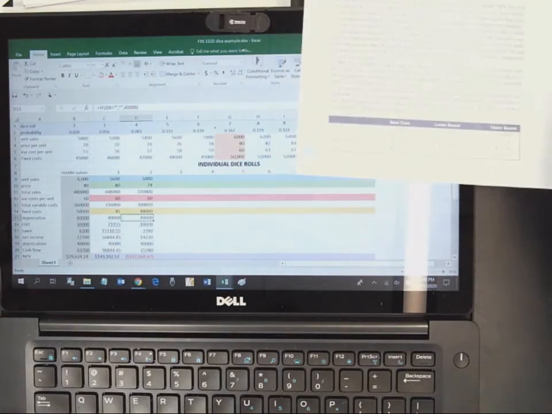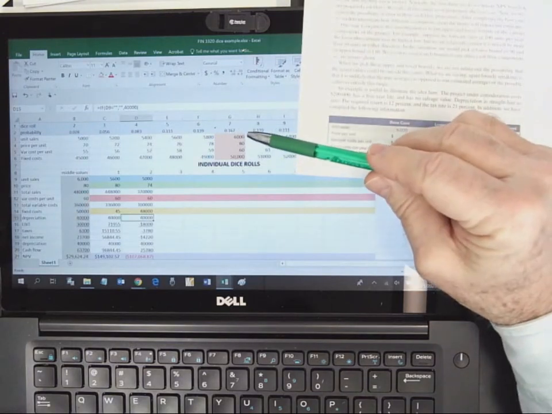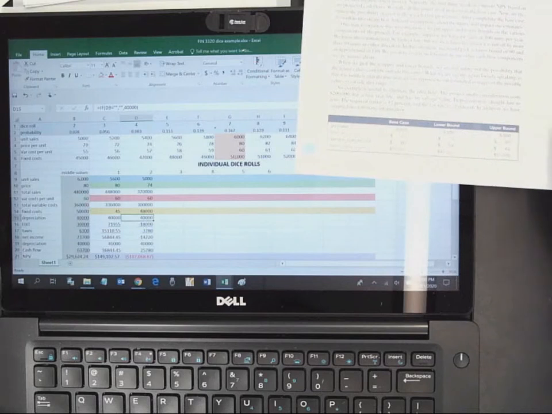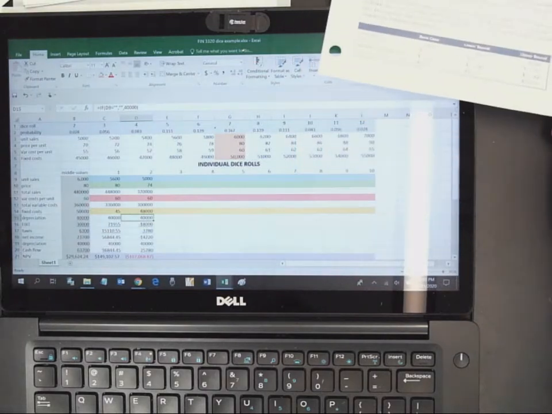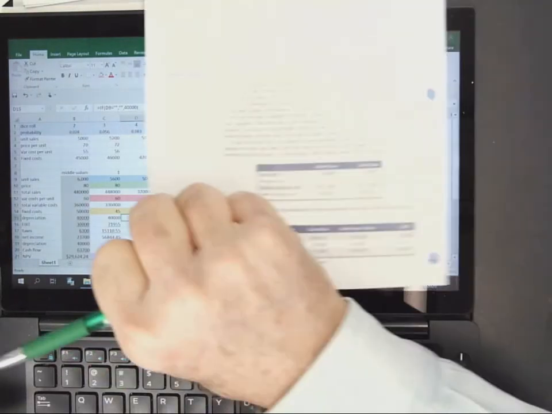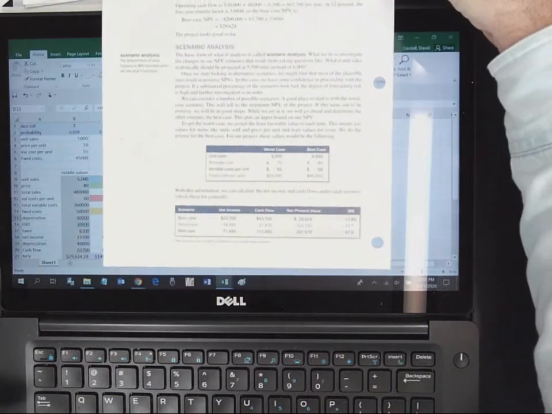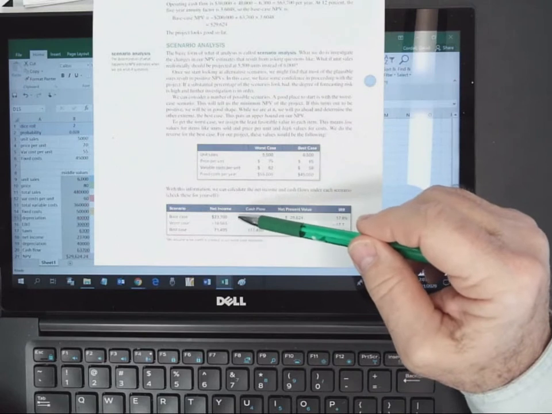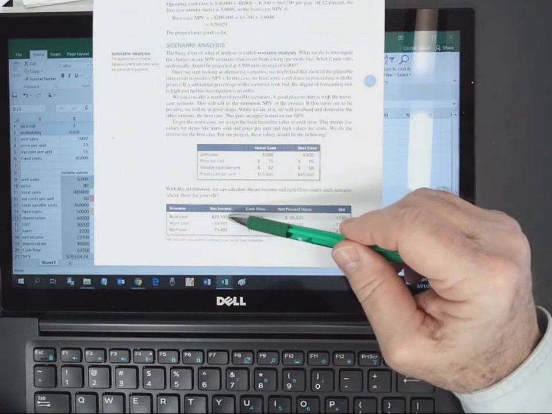The base case is the one here in orange, and that's the middle case. So what we have is a peaked distribution with the base case in the middle. I should show over here that the base case had a net income of 23,700.